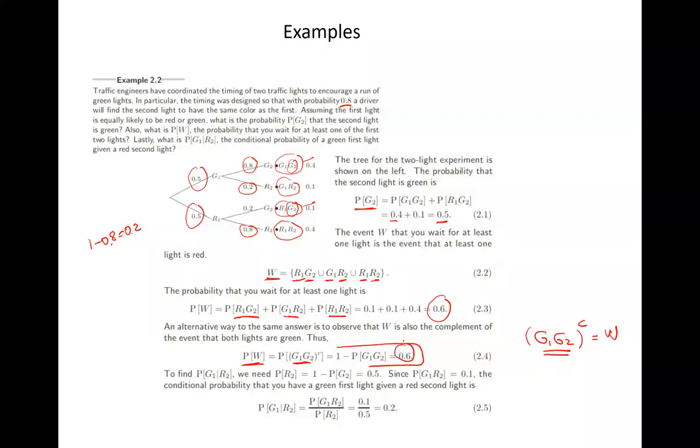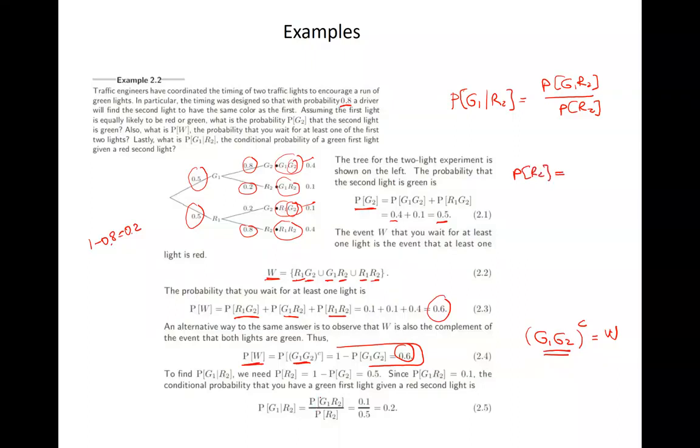How about the conditional probability? Remember the formula for conditional probability. So the green one, given that the second light is a red, it's going to be probability of G1 R2 divided by probability of R2. So here we have to determine probability of R2 first, which is unknown.